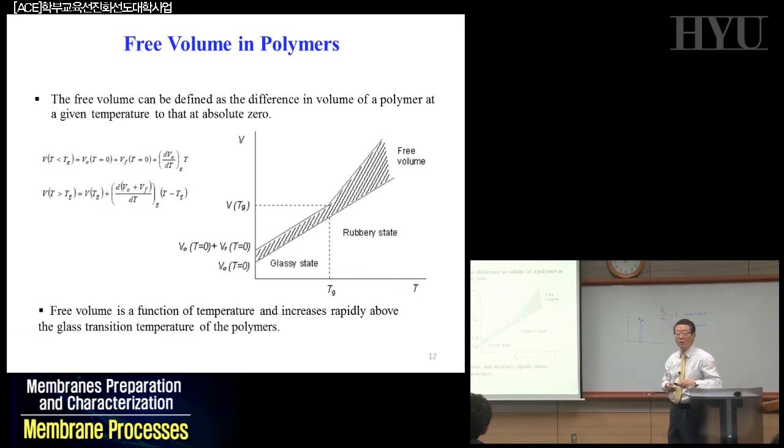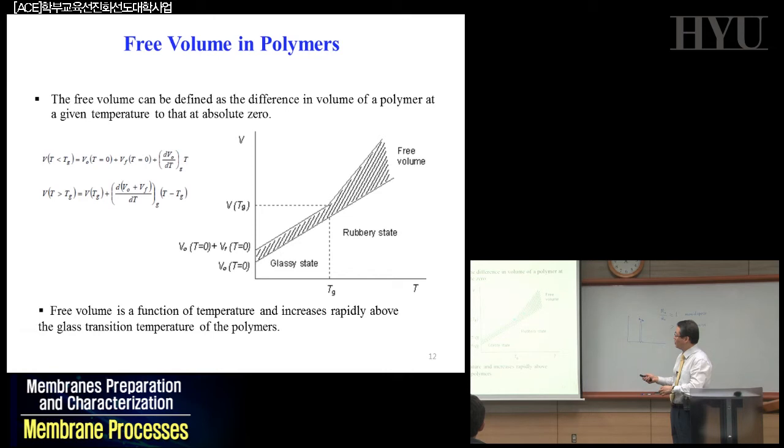The reason why we have Tg is that if you have a side chain and if you have a long polymer, you have an amorphous portion. This amorphous portion may have some length of segments, and these segments will be moving in the amorphous portion, so that you have an increase in the free volumes.